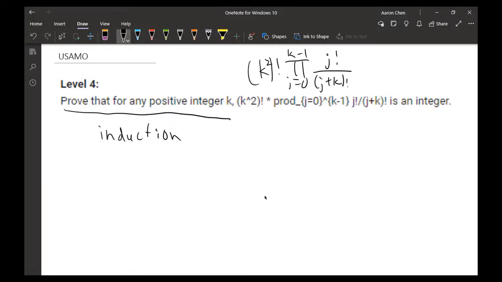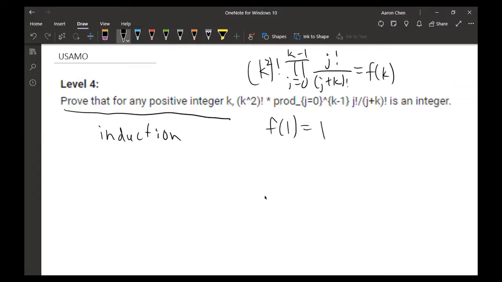First of all, the base case. We can let this be equal to some function f of k. The base case is f of 1, and if we do this, this is just equal to 1.